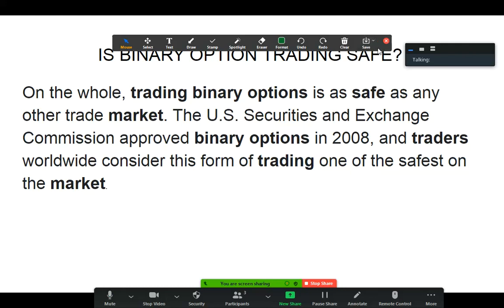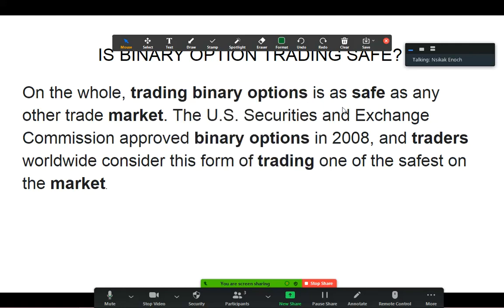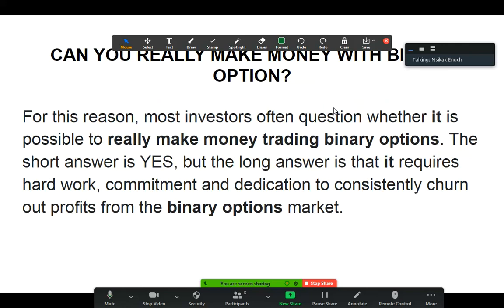But let me tell you, with any other broker, you can put in your money and you can still withdraw your money. But with some, you can put in your money, but you cannot withdraw it. So it depends on the broker you choose. But trading binary option is more safe than any other trading platform.